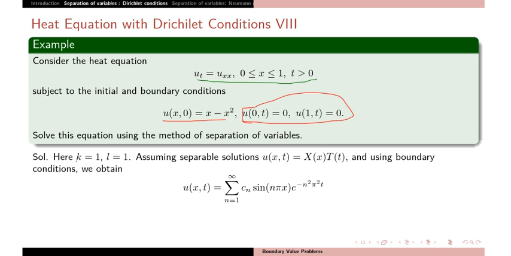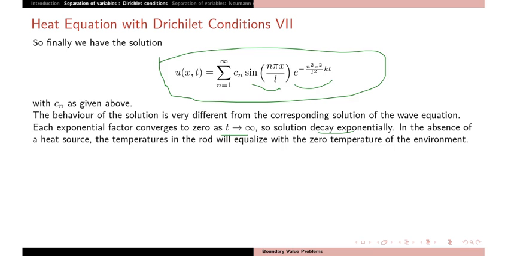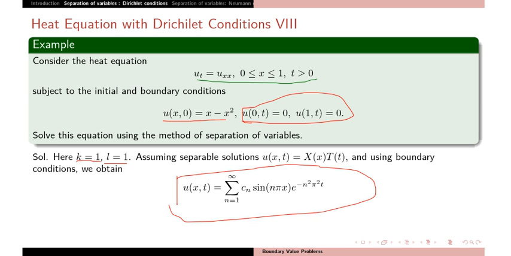So k is 1, L is also 1, domain 0 to 1, and you can use the final formula of the solution which we wrote earlier, Cn sine n pi x by L. Just replace L with 1 and k equal to 1. So the solution is this.